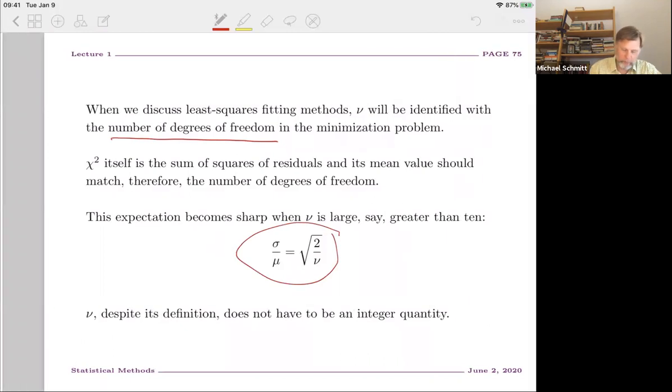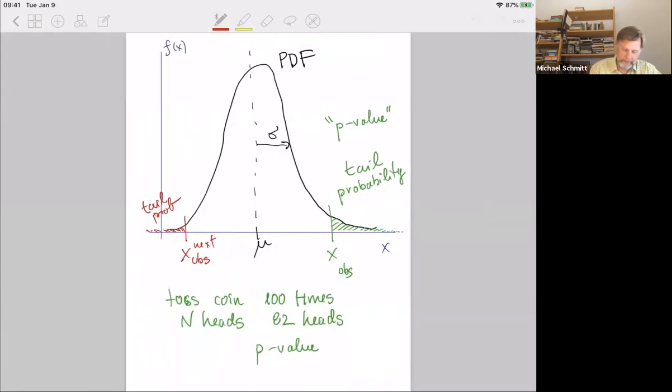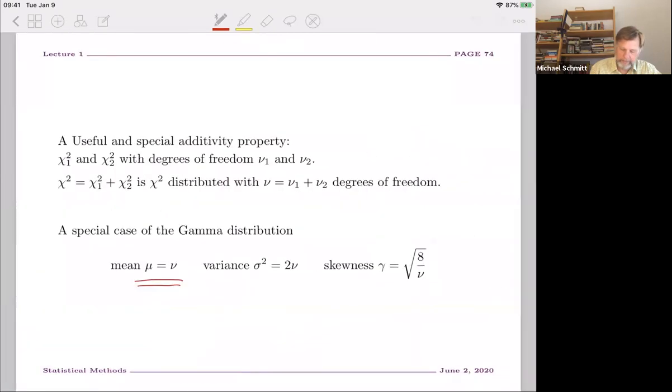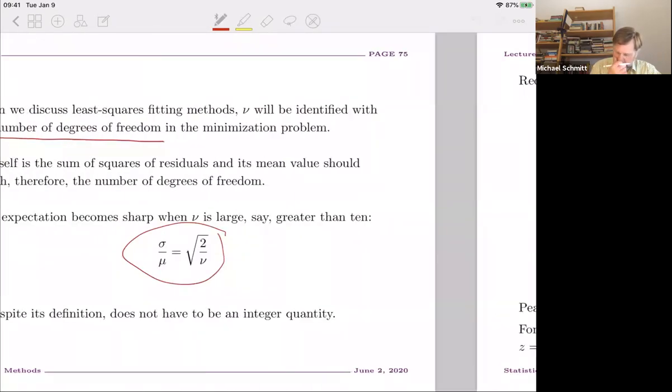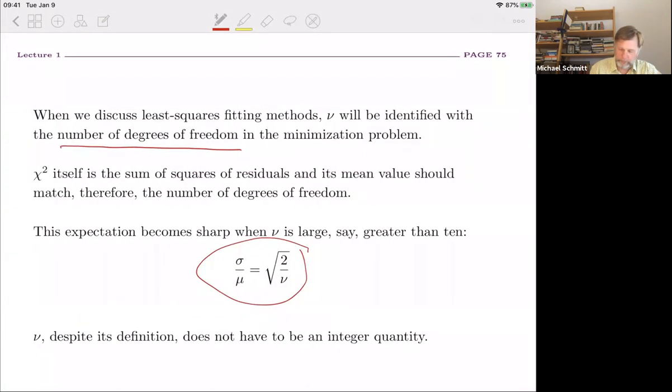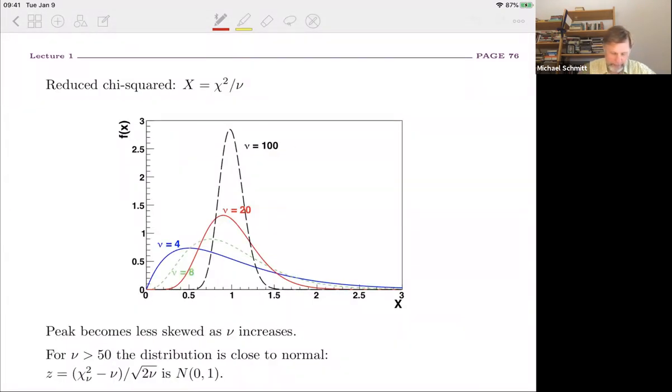We'll talk about that, but this is the part that's interesting. As you add more and more things together, from 5 to 8 to 50 to 500, the variable chi-squared divided by nu becomes more and more sharp. Here's an example where in all cases the mean of x is 1, but you can see that as I increase nu from 4 to 8 to 20 to 100, the distribution becomes more and more sharp, more and more symmetrical.